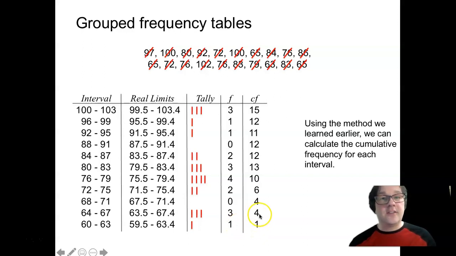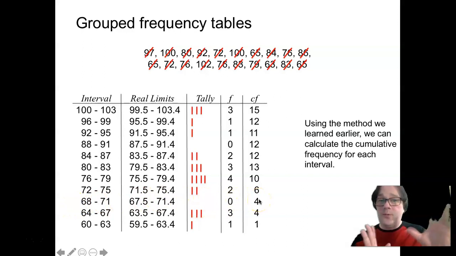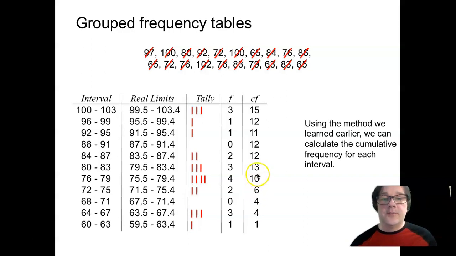For the next class interval, it's 4. Why? Because there's 4 scores that are at or below this class interval, 3 plus 1. For the next interval, we're still at 4 because we didn't add any scores, so there's still 4 scores at or below this class interval.